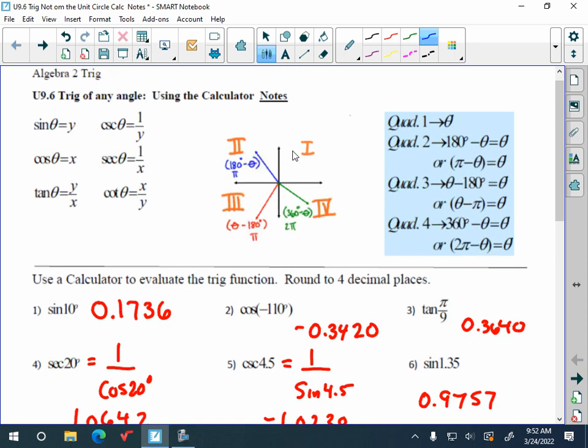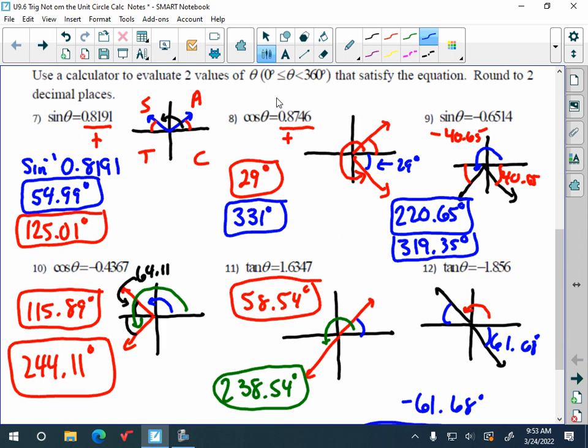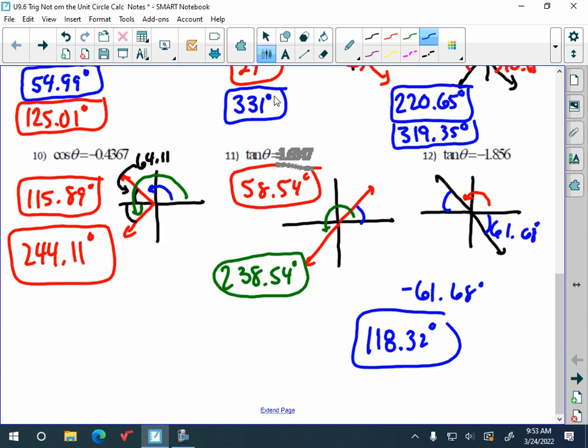So, this one, I did 180 minus this angle. That's the one in quadrant 2. To get this one in quadrant 4, I can do 360 minus the angle. That's this angle right here. I have that 61.68. So I do 360 minus it. So 360 minus 61.68, 298.32.